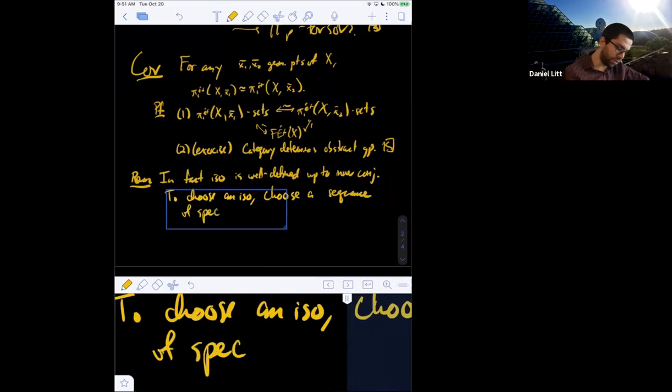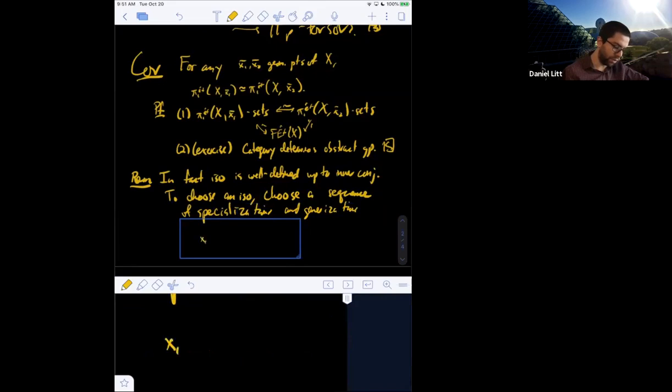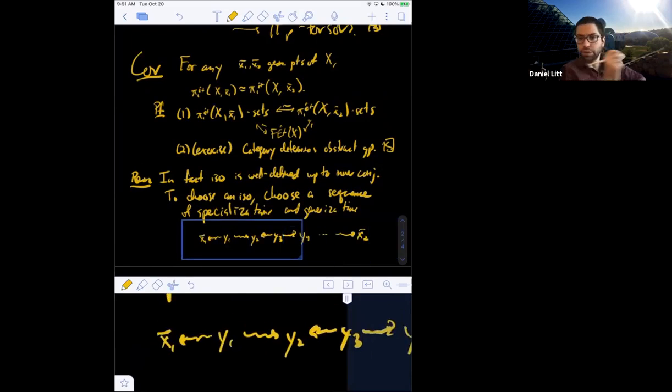Let's say x1 goes to y1, which is a specialization of y1, which specializes to y2, which is a specialization of y3, which specializes to y4, and so on, and then finally specializes to x2. Do you guys know what I mean by a sequence of specializations and generalizations? Does anyone have any questions about what I mean by this?